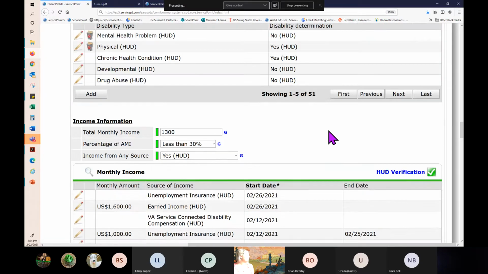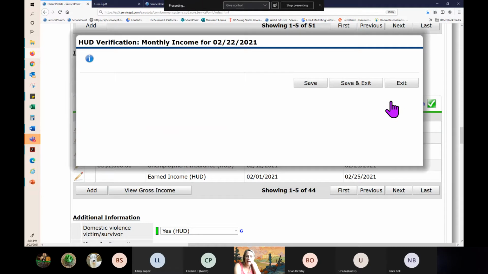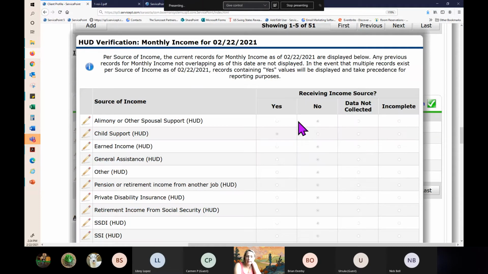From here, we see a total monthly income amount of $1,300. We want to ask the client, does the client currently make $1,300? Or we're going to HUD verify and then go down the list, asking the client, do you have alimony, child support, earned income?